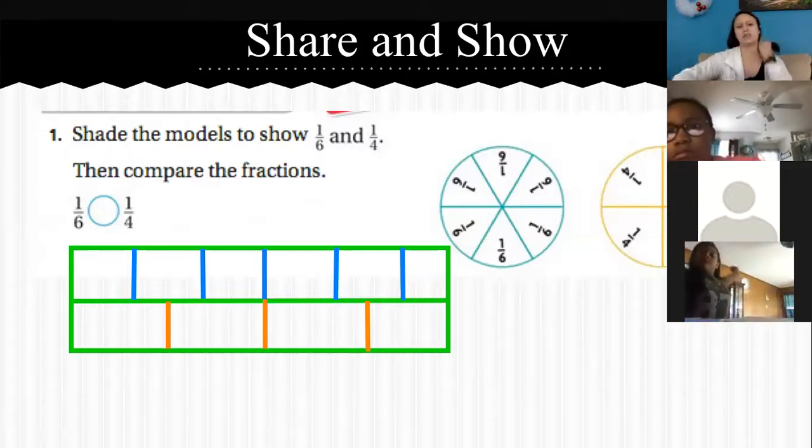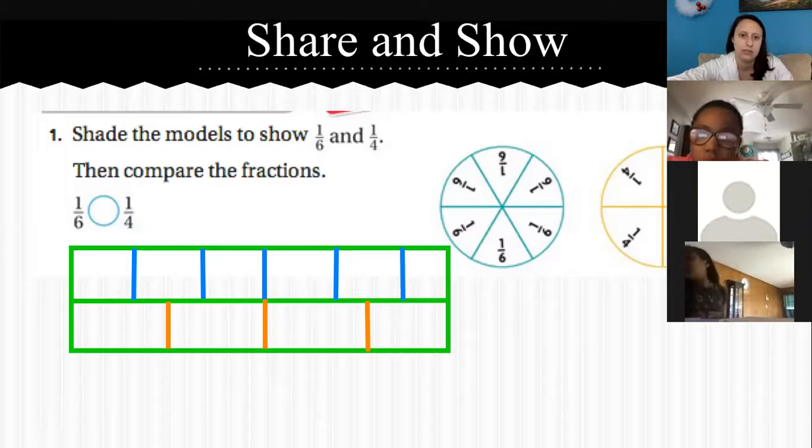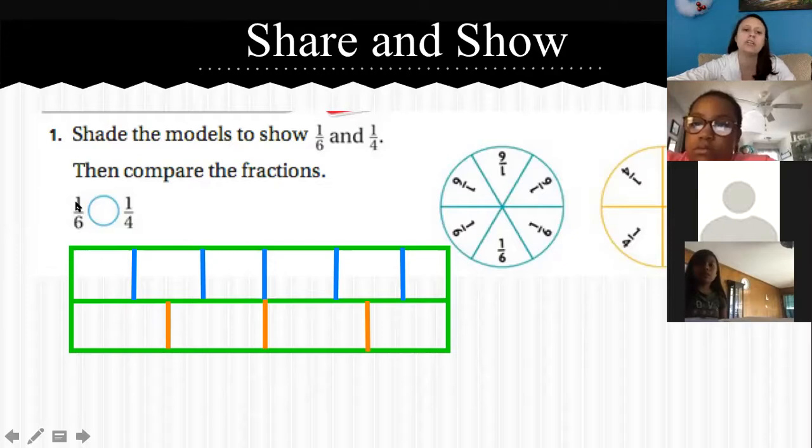First of all, let's talk about this. What do you notice about just 1 piece on top and 1 piece on the bottom? What happened the larger the denominator? What's up with those pieces? Well, 6 is a larger number than 4. You're right. So which one of these do you think is going to be the bigger fraction? 1 out of 6? You think 1 out of 6 because 6 is larger than 4.